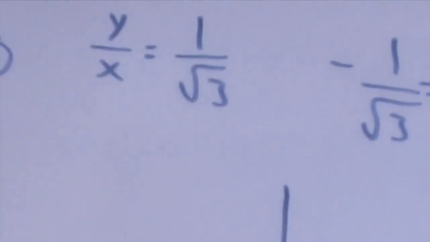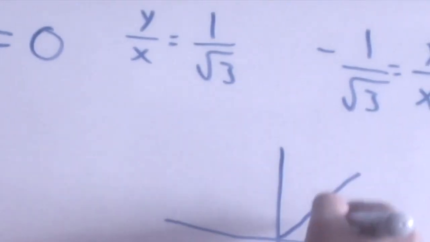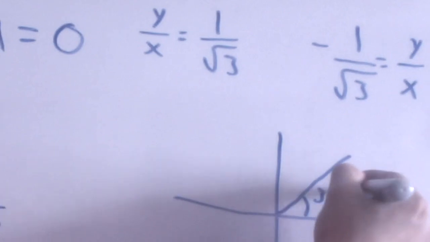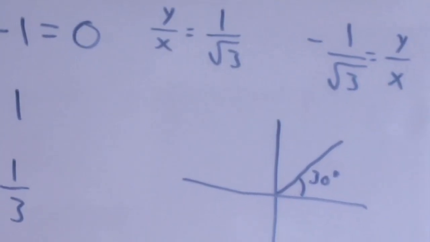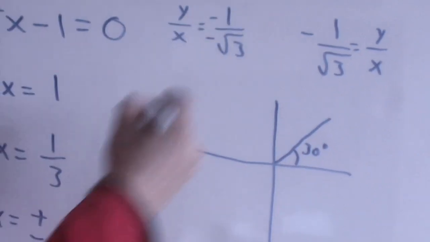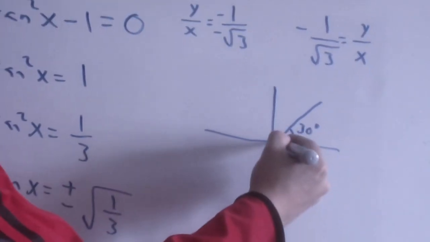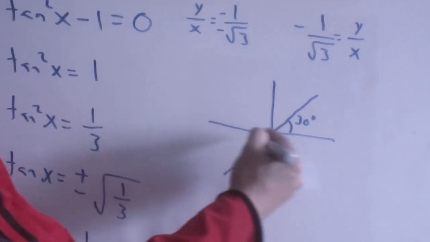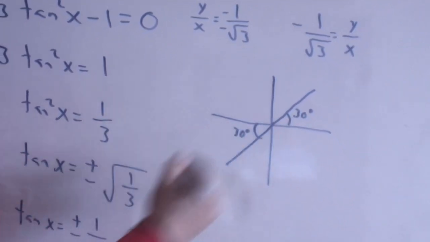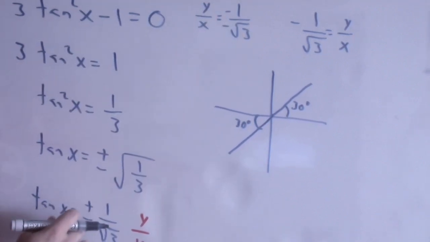The y and the x are positive. So this is quadrant 1, 30 degrees. And also, if this is negative and negative, the result is positive. So it's also in quadrant 3. This is when tangent is positive.